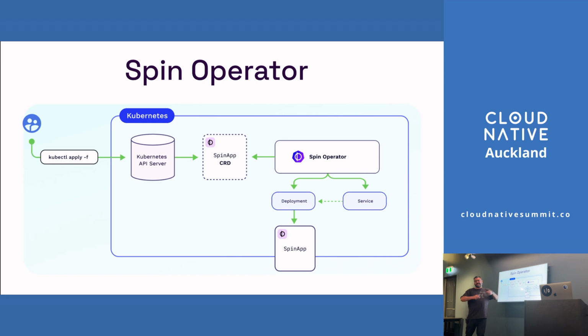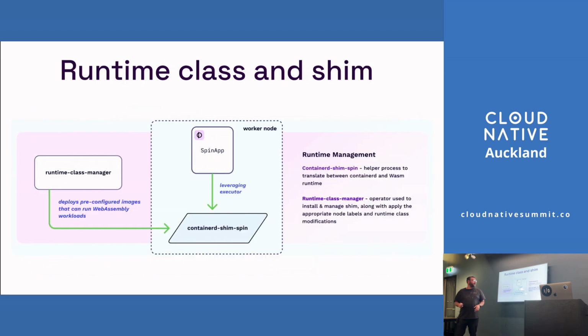The Spin operator then takes the configuration of the app and runs the deployment, and it creates services for you, and then deploys the actual Spin app to a node. So it's the same scheduling process, using Kubernetes underneath.